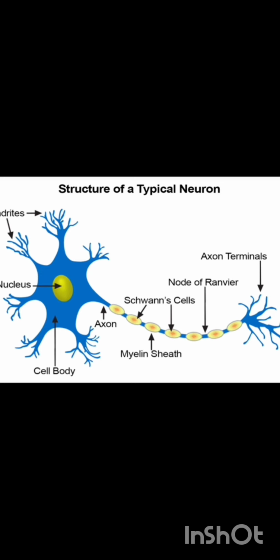They have the ability to receive stimuli from within or outside the body and send signals to different parts of the body. The nerve cells do not undergo cell division due to the absence of centrioles, but they are developed from glial cells by neurogenesis. That is the process of cell division in neurons.